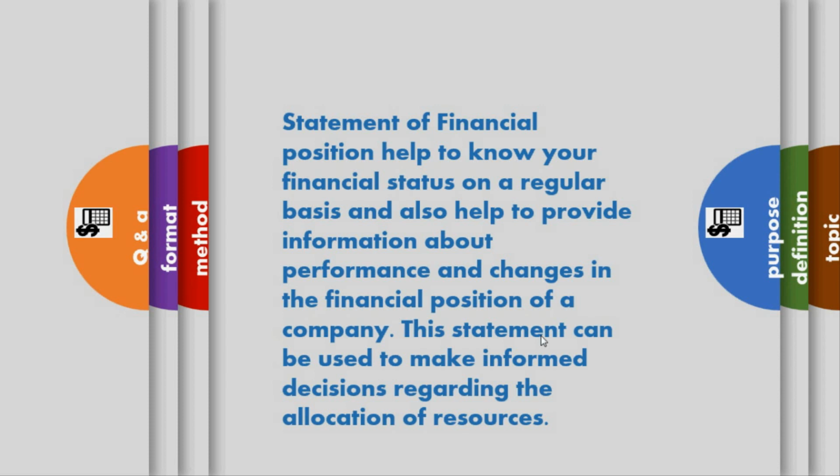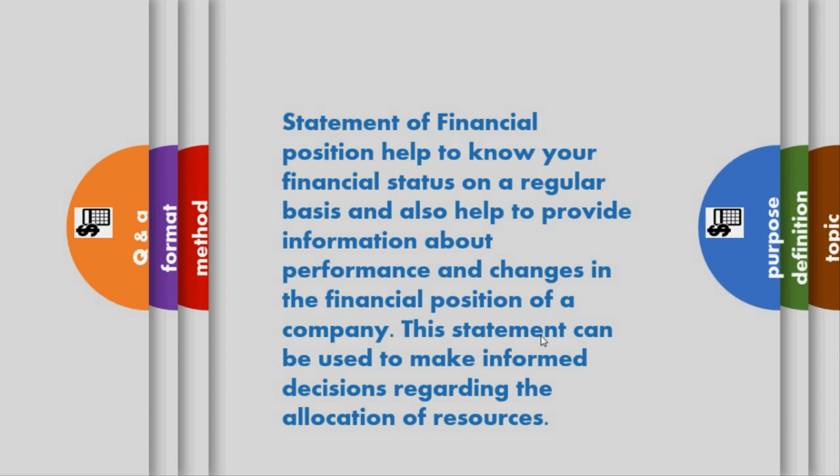Like at a certain time period, you need to know how much asset you have at the end of the year, whether it is equal to the liabilities or not, whether the assets are able to repay your liabilities or not. So this is the purpose for which we have to prepare the statement of financial position.